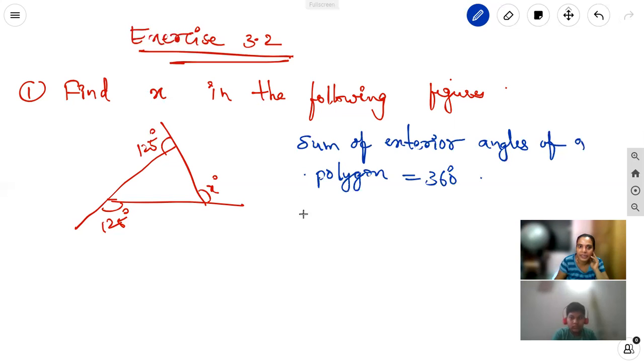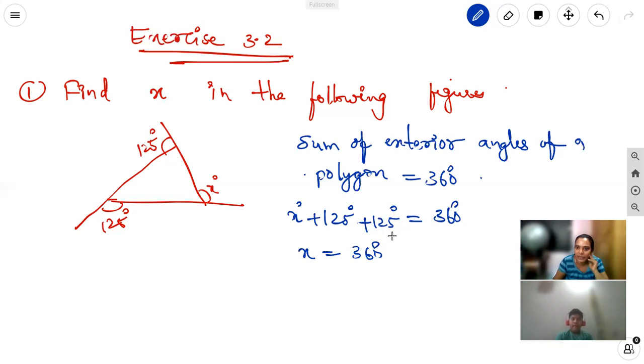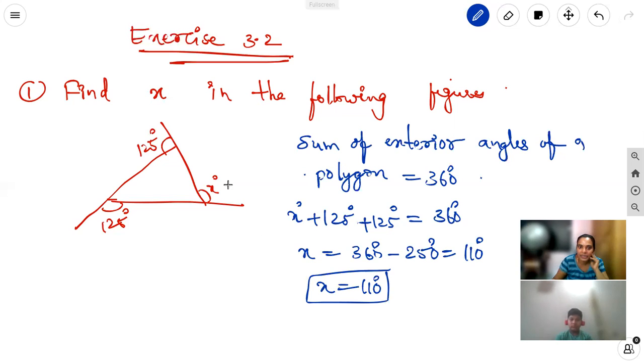So here x degrees plus 125 degrees plus 125 degrees equal to 360 degrees. So x equal to 360 degrees minus 250 degrees, which is equal to 110 degrees. So the third exterior angle is 110 degrees.